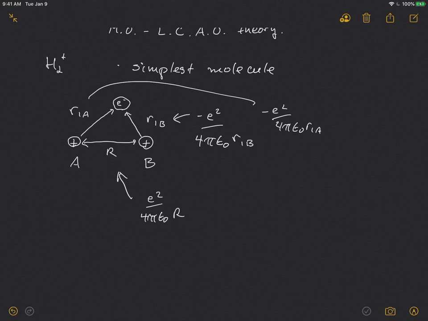There's also going to be a vibrational interaction, which we're going to ignore. And so we're going to ignore translation of the molecule as a whole, or as a unit, and we're going to temporarily ignore vibration.